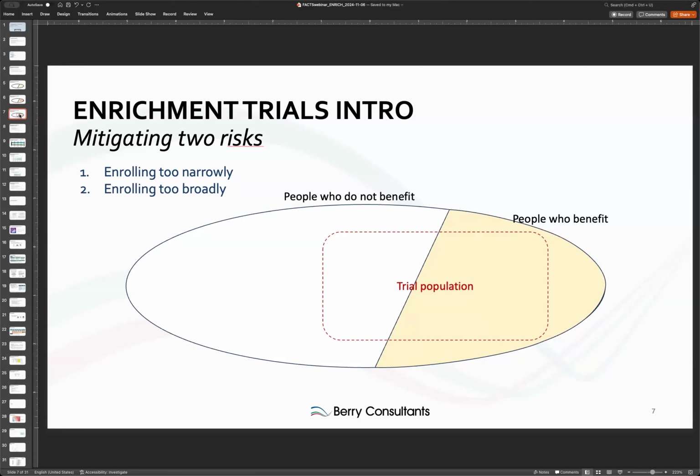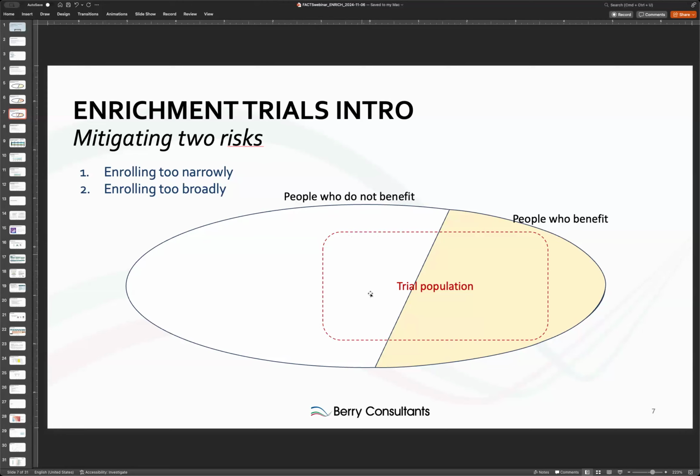The opposite risk is that the trial enrolls too broadly. So you can think of a trial that has a population definition that looks like this red box, where you're enrolling a lot of people who benefit, a lot of yellow. You're also enrolling a lot of people who do not benefit, so a lot of white. This comes with dilution of the treatment effect.